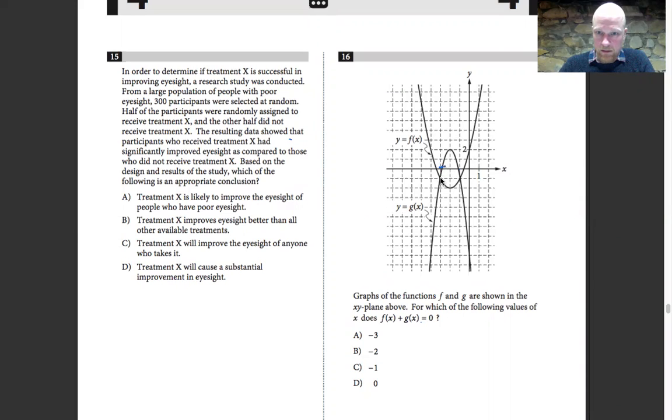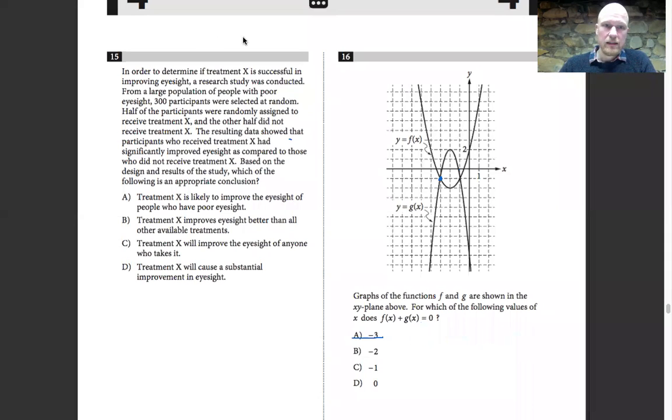That would be here. It looks like the y value for both is the same, about -1. Let me get the draw tool. So f of x would be -1 plus g of x, which would be -1, and that equals -2. -2 does not equal 0, so it's not A.